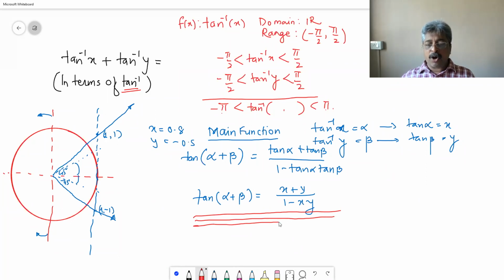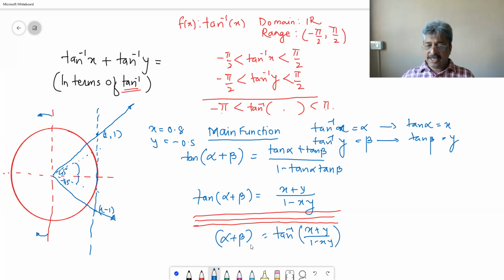Why? Because we have compromised domain and codomain as far as inverse trigonometry is concerned. So I am not allowed to directly write alpha plus beta is equal to tan inverse of x plus y upon 1 minus xy. Am I allowed to write this?